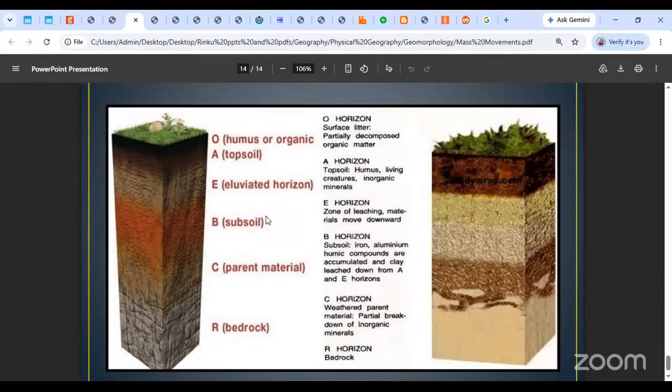The process of the materials moving downwards is called eluviation, with an E. And the process in which they accumulate in the lower layers is called illuviation, with an I. The process of moving downwards is eluviation with an E, and the process of settling in the lower layers is illuviation with an I. Agreed?